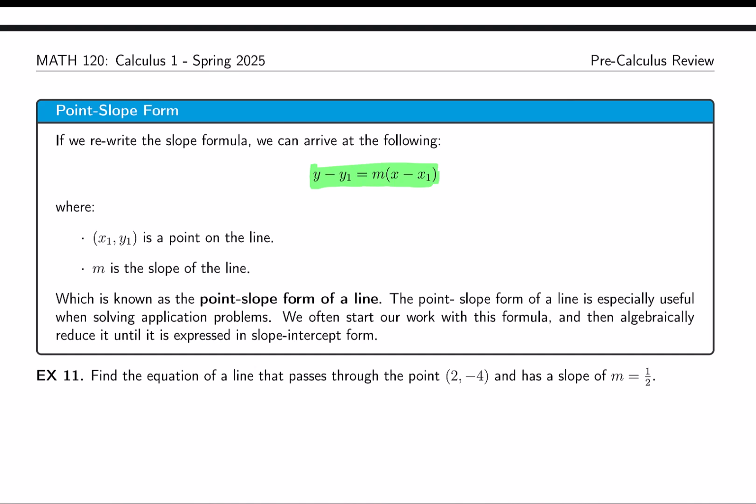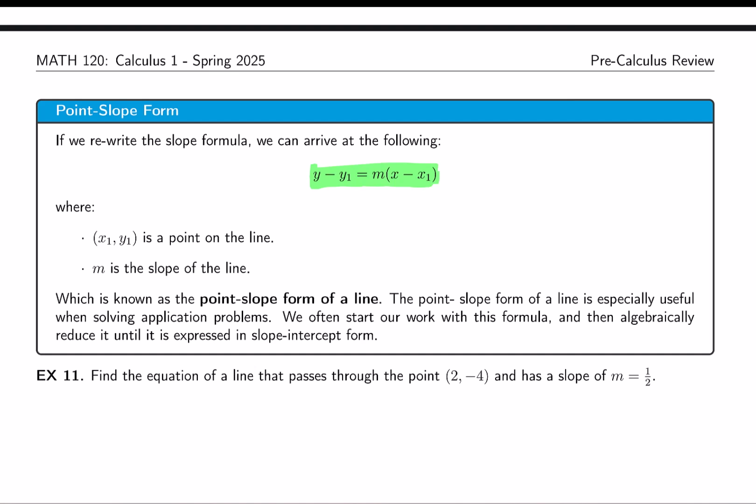You can sort of do that with the slope-intercept form, but you have to know the y-intercept as the point. You're not allowed to just have any point that exists on the xy axis. It has to be the y-intercept. But this gives you a little bit more freedom.